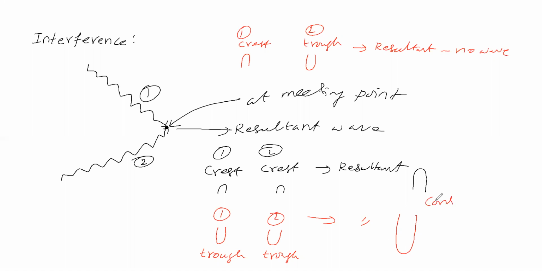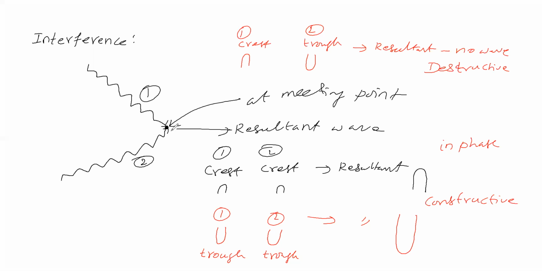Therefore, we can say this is called constructive interference, and the other is destructive interference. Constructive interference is possible when these two waves are in phase. What is meant by in phase?